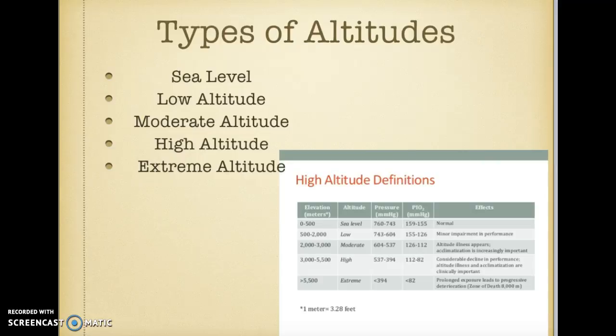The aerobic pressure at this point will be anything below 394 millimeters of mercury, and the PiO2 is anything below 82. Prolonged exposure at this type of elevation could lead to death and also deterioration in different parts of the body.